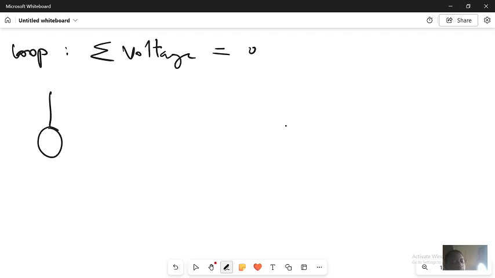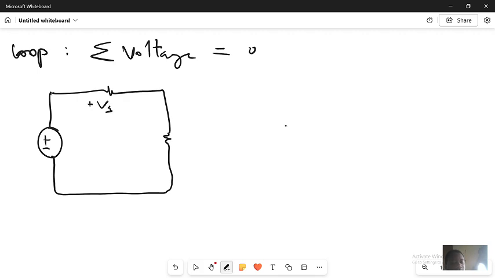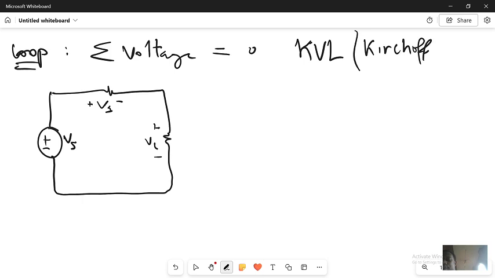I have this source, I have V1, I have V2, I have Vs. So KVL, which stands for Kirchhoff voltage law, says that the summation of the voltage across a loop equals 0.